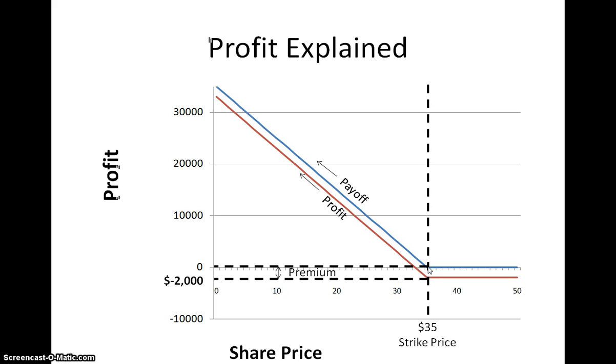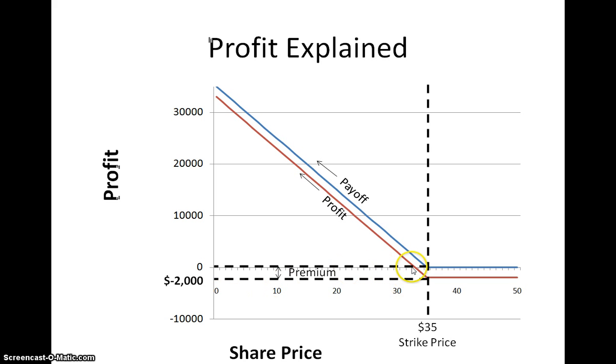Now, profit is, I would say, most important to look at, because you have to pay a $2,000 premium for this option contract. If the stock's price doesn't change, or if the stock's price goes up above $35 a share, you're going to lose just the amount of money you paid for that option contract, which was $2,000. To break even, the share price would have to go down to $33 a share right here.